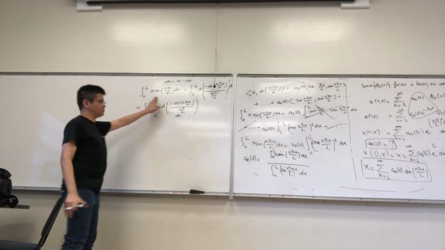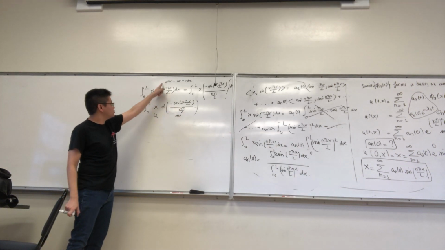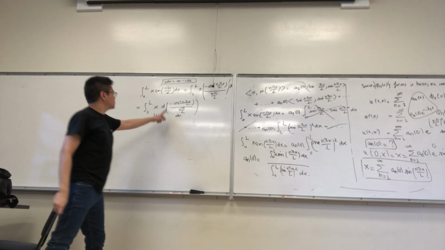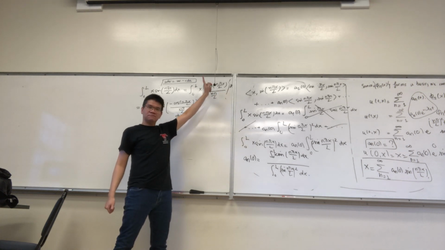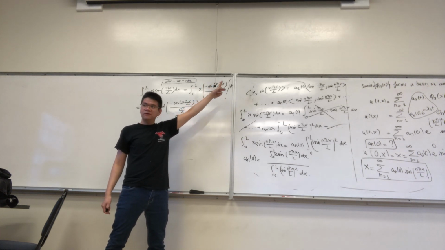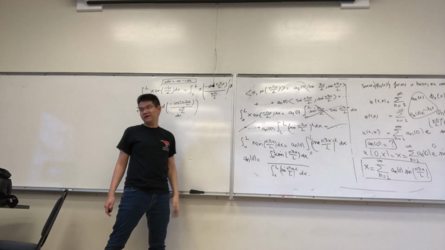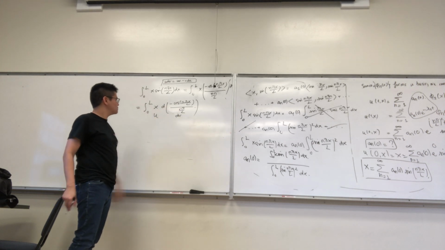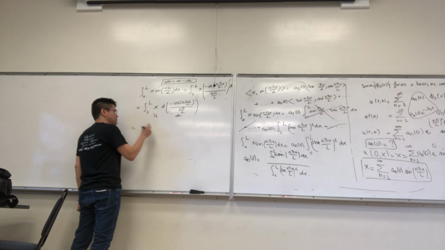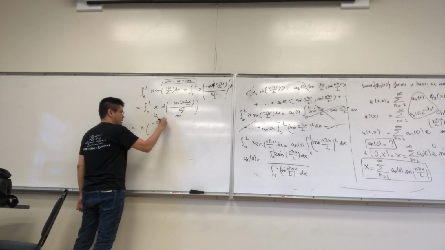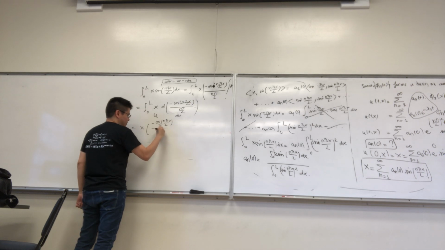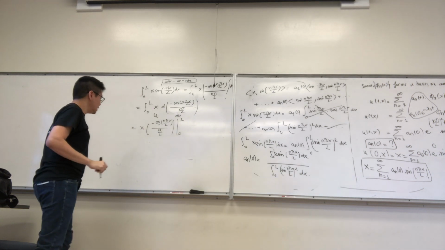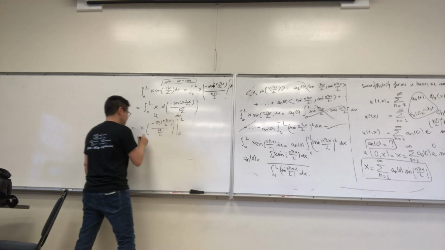Now I have to compute this using integration by parts. The formula is always u dv is uv minus v du. I know that the derivative of minus cosine is sine, but of course I have to divide by the factor. So this gives me x times minus cosine(n pi x over L) over n pi over L, evaluated from 0 to L. So the leftover will be this guy, this is uv.